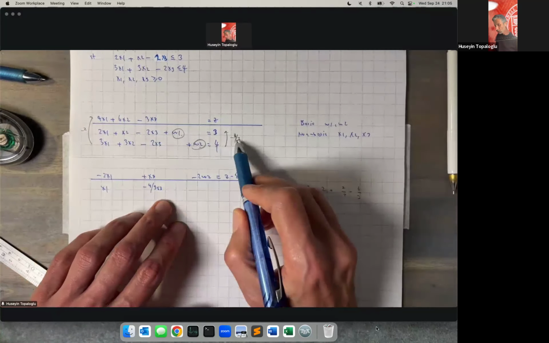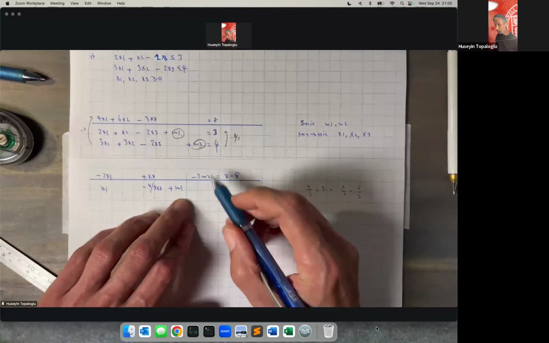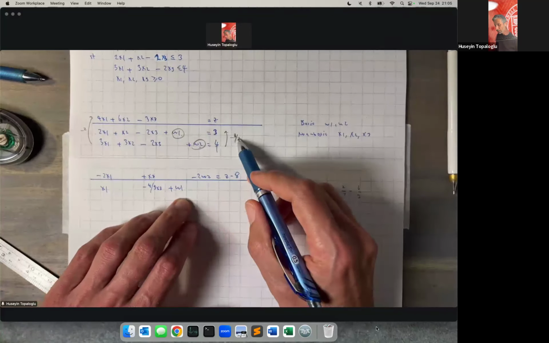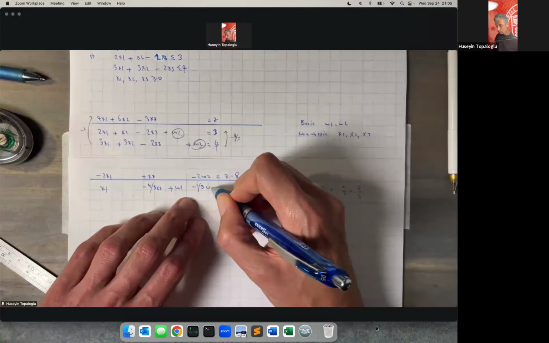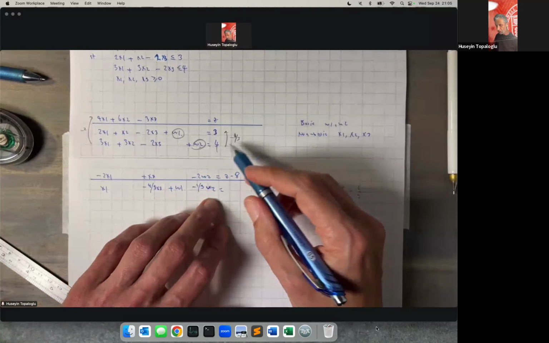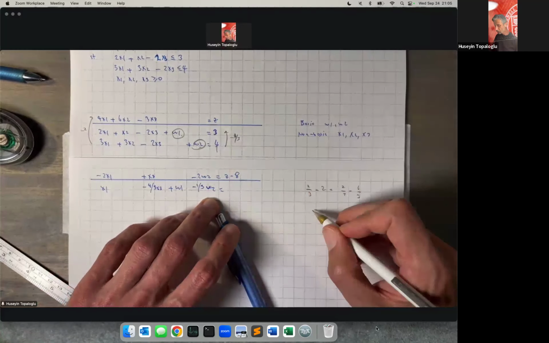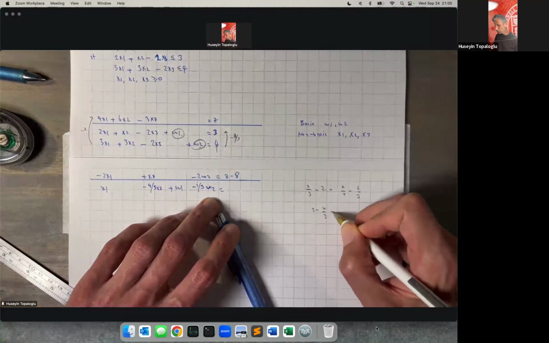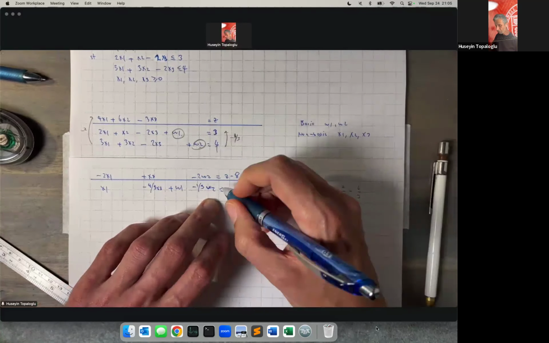No w1 times -1/3, plus another w1 on top of that. That's a w1. W2 times -1/3 is -1/3 w2. And on the right-hand side, 4 times -1/3 is -4/3 plus another 3. 3 minus 4/3, that's 9/3 minus 4/3. That's a 5/3.